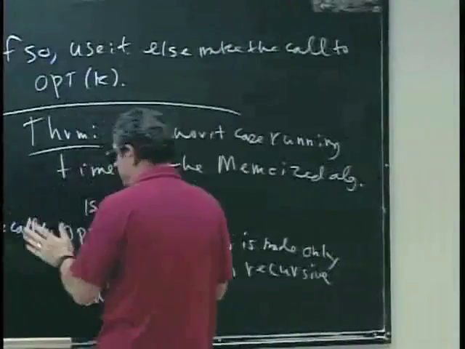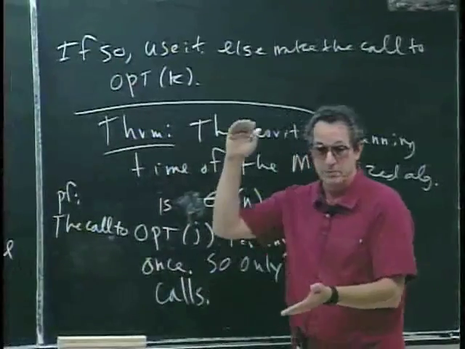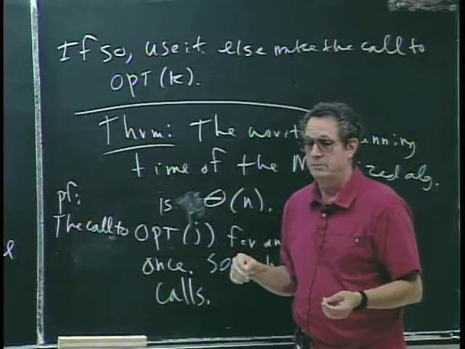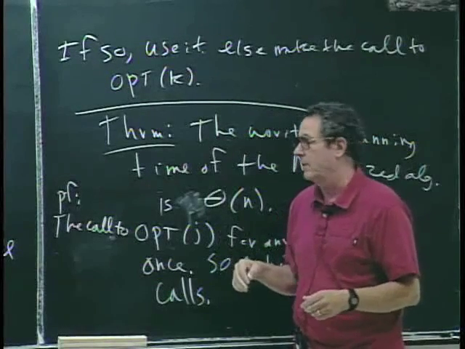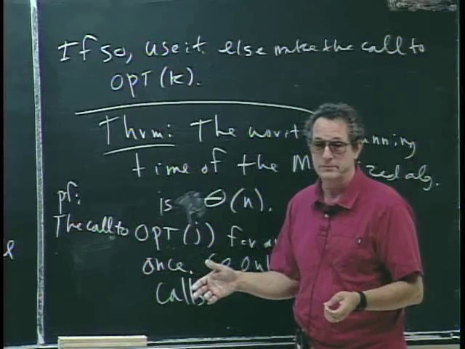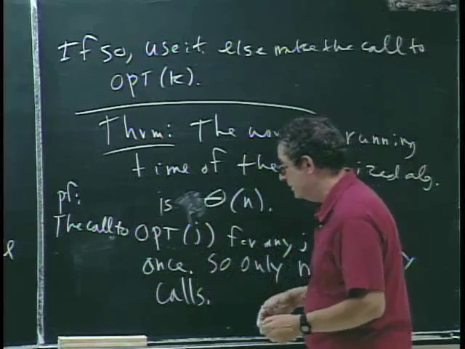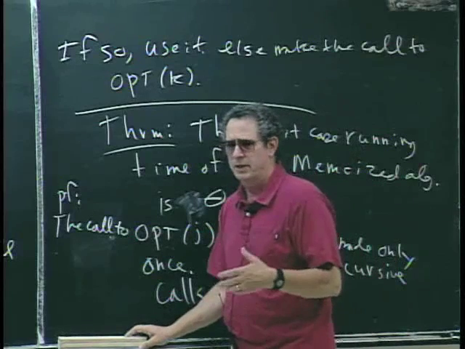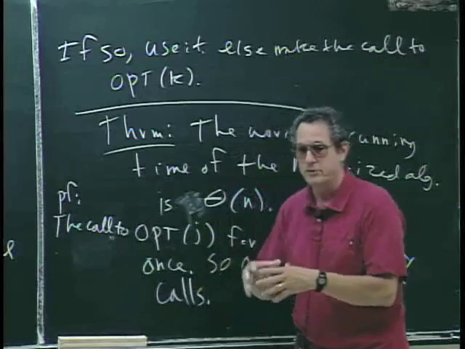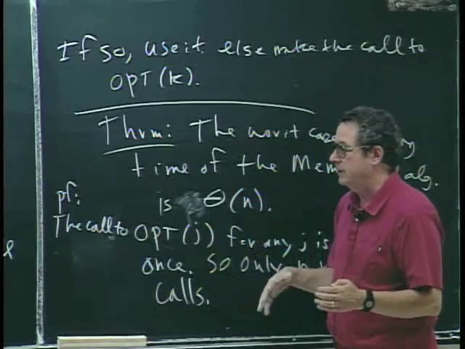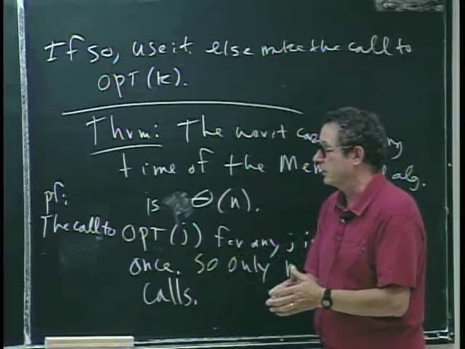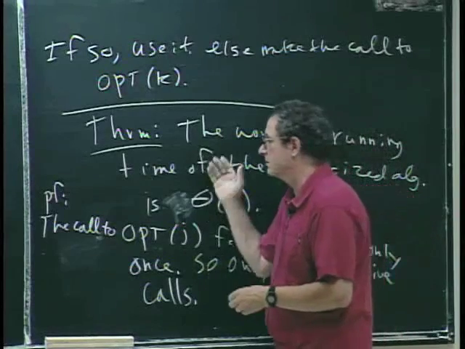So an amazing speed up from exponential time, where you'd be waiting a long time for any but a small problem, to where it's linear in the input size. Okay, I don't know of any other algorithmic idea, and this is an algorithmic idea, not just a programming idea, that has such a dramatic impact in speeding up of an algorithm or class of algorithms as this memoization idea.